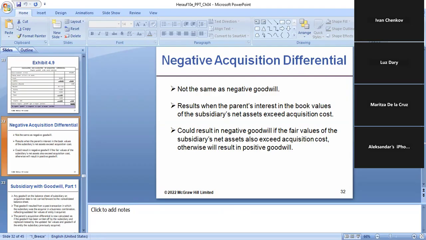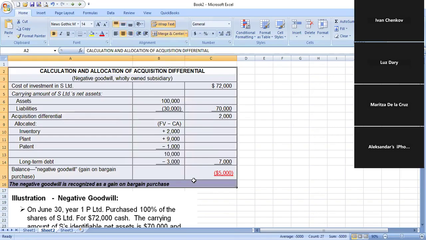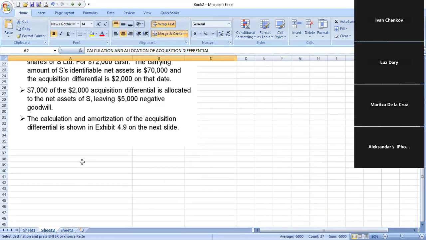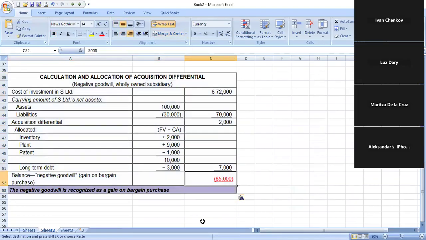What I'm trying to do is share my Excel spreadsheet. So is it possible to have a negative acquisition differential and positive goodwill? That will be the question. Is that possible? In this case, as you can see, I have a negative goodwill.